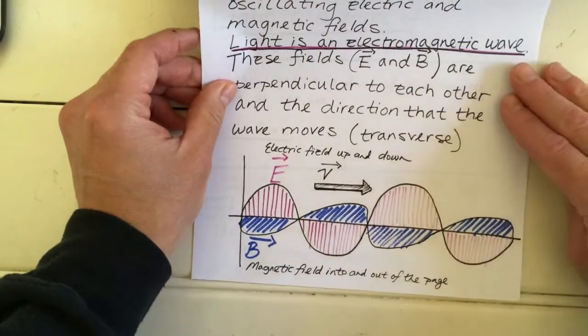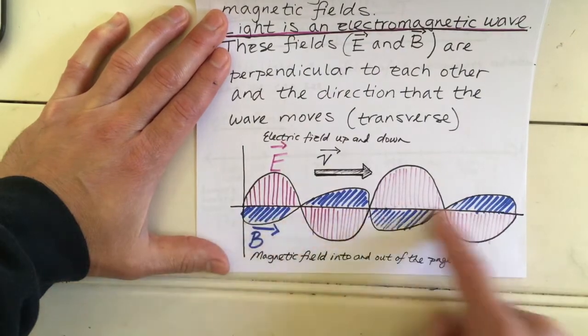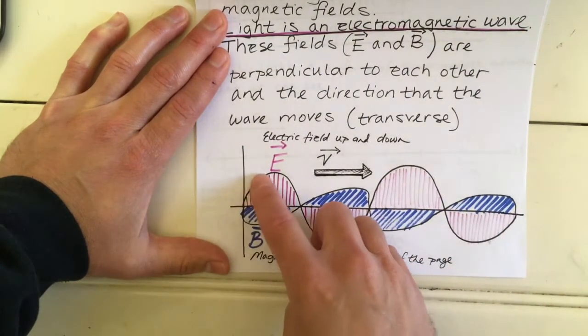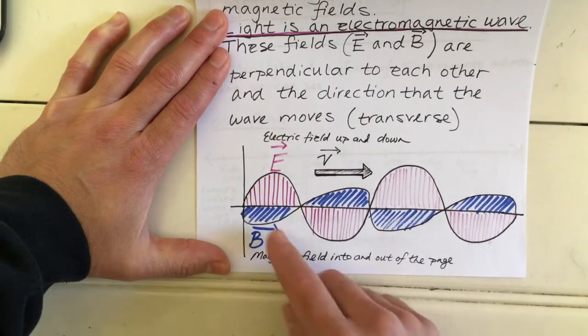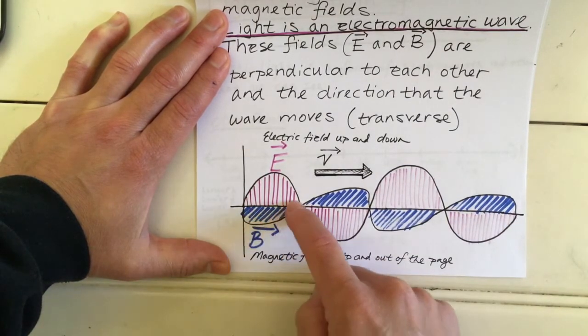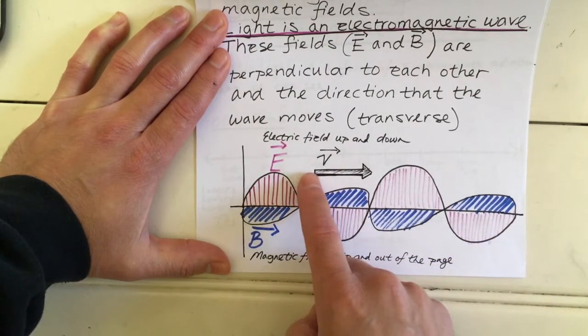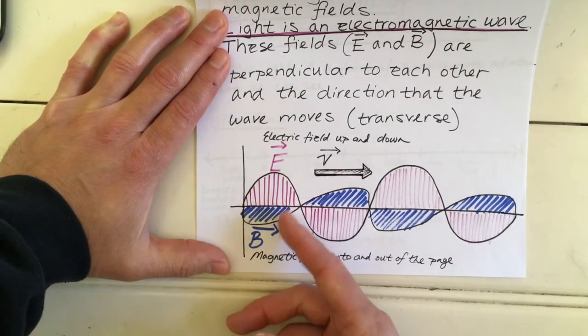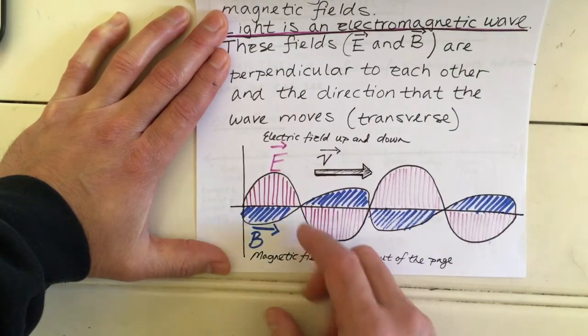So here, what I have is light drawn as I just drew an axis here, and we have an up and down field. We'll let that be the electric field, and then a field that goes out of the page and into the page. And you can tell that both of these directions, up and down and out of the page and into the page, are 90 degrees to the velocity.